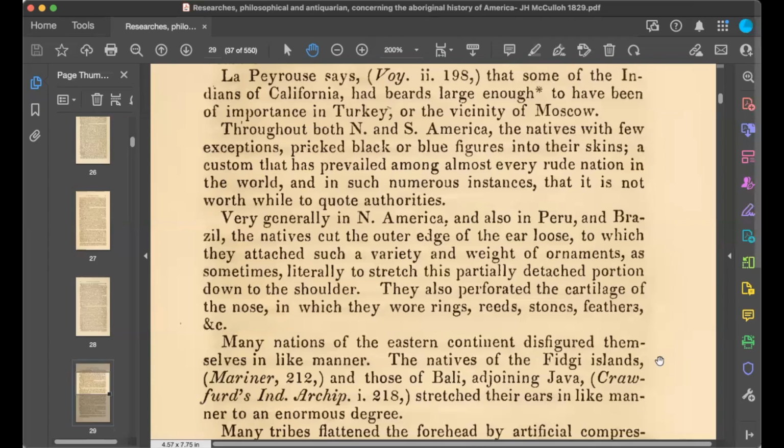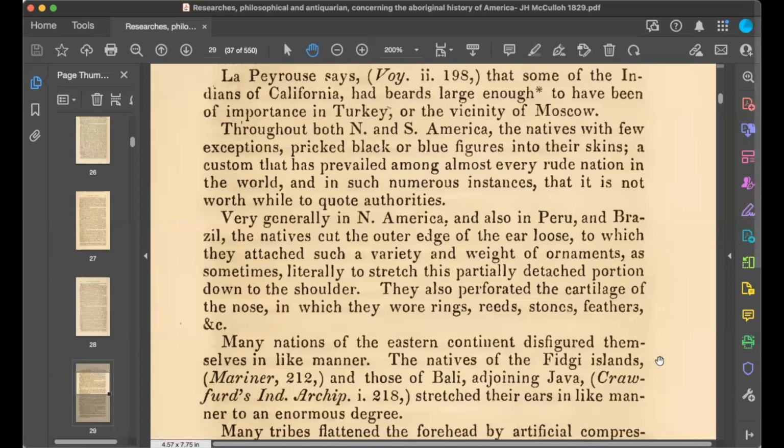Very generally, in North America and also in Peru and Brazil, the natives cut the outer edge of the ear loose, to which they attach such a variety and weight of ornaments as sometimes literally to stretch this partially detached portion down to the shoulder. They also perforated the cartilage of the nose, in which they wore rings, reeds, stones, feathers. All right, even feathers.